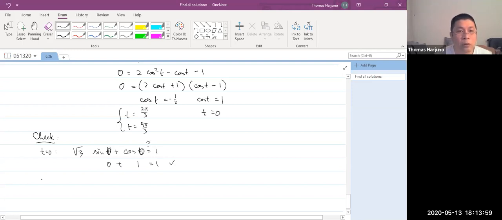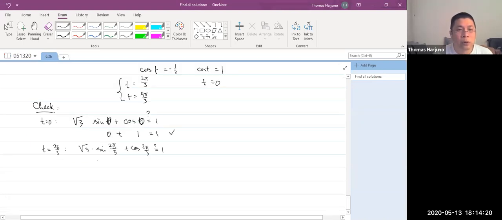When t equals 2 pi over 3, square root of 3 times sine 2 pi over 3 plus cosine 2 pi over 3, is it equal to 1? This is square root of 3 times square root of 3 over 2 minus 1 half. So this is 3 halves minus 1 half. That equals 1. So that's also a check.